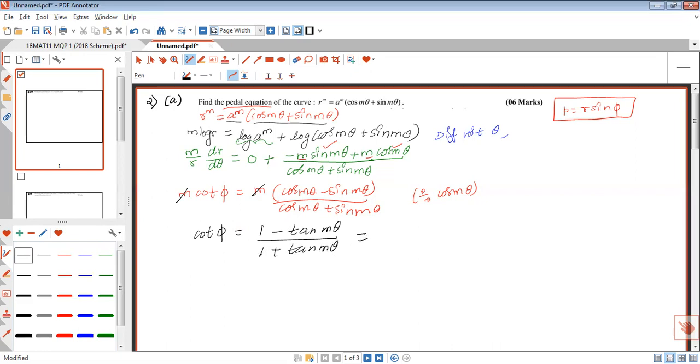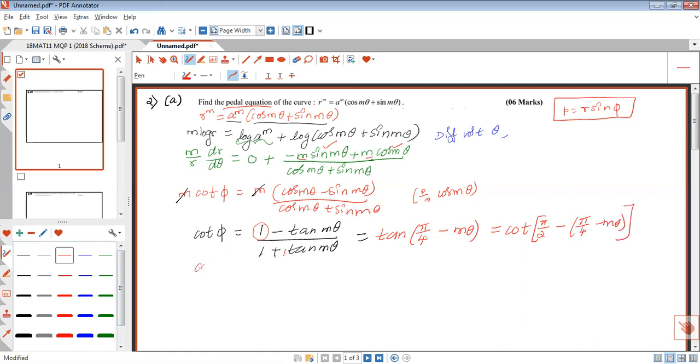Further, this 1 means tan of pi by 4, tan 45 degree, right? So tan pi by 4 minus tan m theta divided by 1 plus tan pi by 4, that is 1, into tan of m theta, that is tan a minus b form, a is equal to pi by 4 minus m theta, or you can write in terms of cot, that is cot of 90 minus theta, theta is pi by 4 minus m theta.